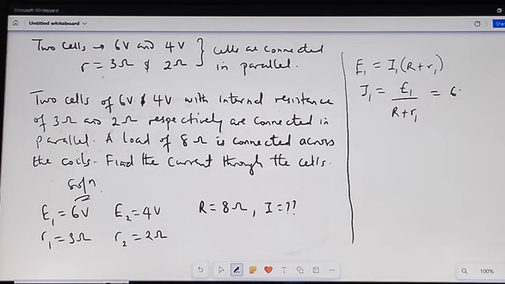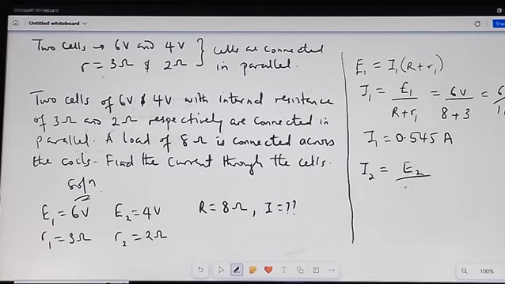E1 is 6 volts, capital R is 8, and the internal resistance R1 is 3. So we have 6 over 11. That gives us I1 to be 0.545 ampere.